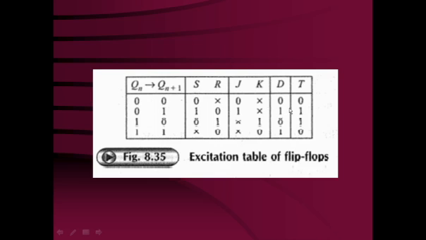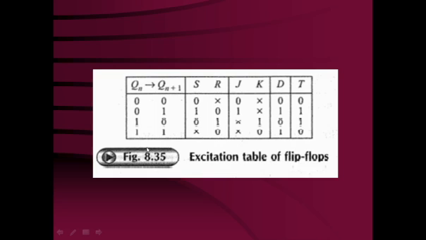And similarly for the D flip-flop and the T flip-flop. So this is the excitation table for the RS flip-flop, JK flip-flop, D flip-flop and T flip-flop, all combined, which we have taken from chapter number 8 of Malvino, table 8.35.